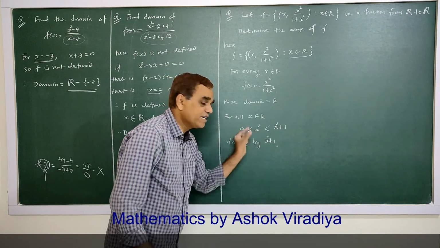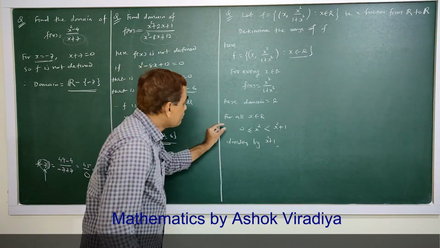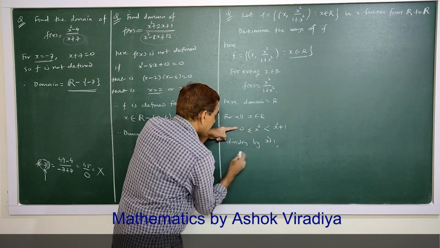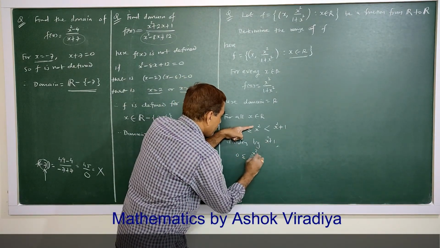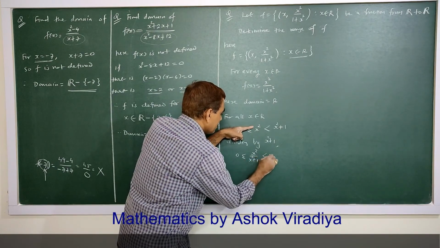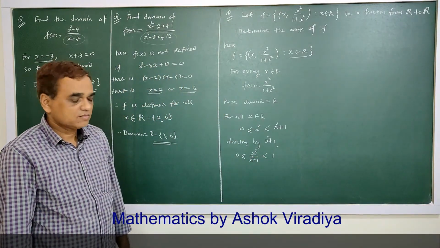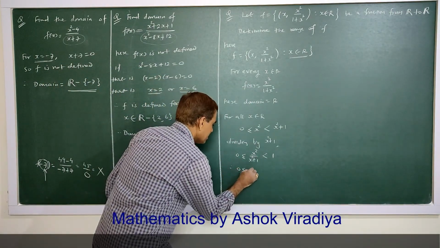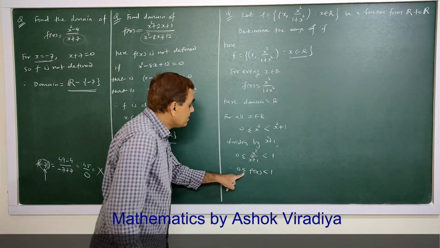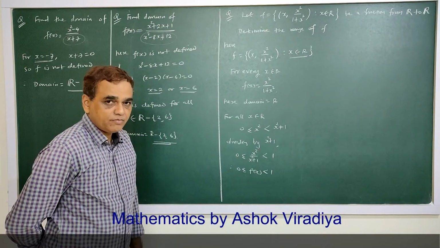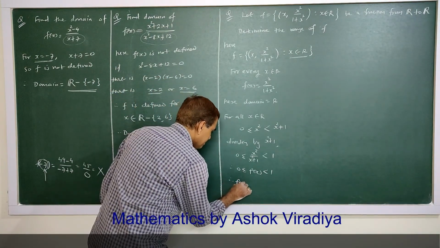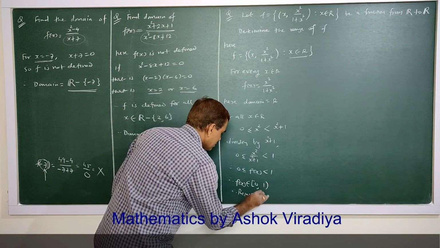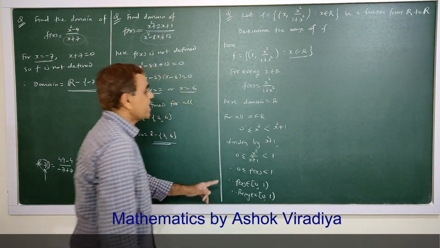And when we divide an inequality by a positive number, the inequality remains unchanged. So dividing by x squared plus 1, 0 divided by anything is 0. Then here x squared upon x squared plus 1, here 1. So see, this is f(x). So f(x) is between 0 and 1, but this side closed, this side open. So f(x) belongs to [0, 1). So the range is [0, 1). This is the range of this function.